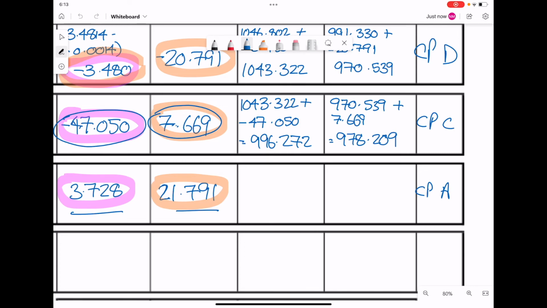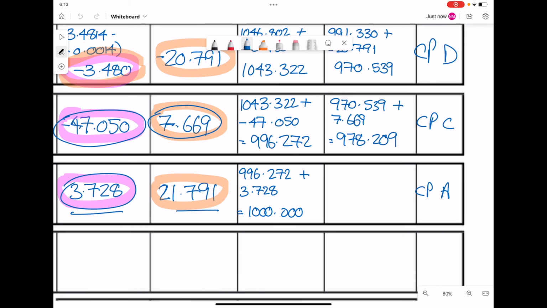So here, 996.271, add on the adjusted partial easting, 3.728, and it brings us back to the initial coordinate for A, which is 1000.000.